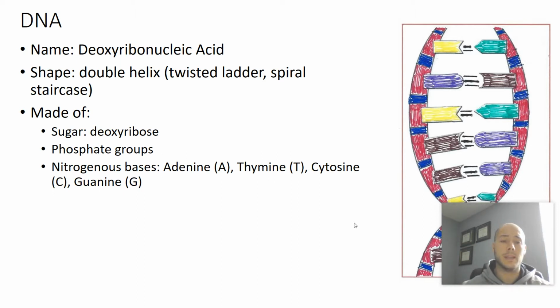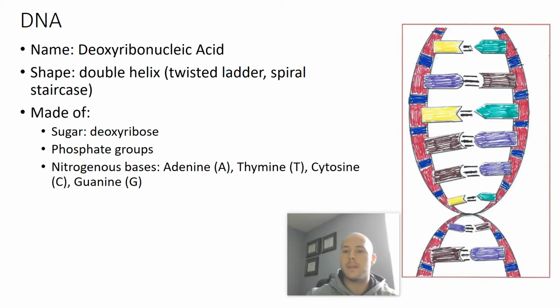What you'll notice in a minute is what's known as Chargaff's rules, which is that every time A pairs with T and C pairs with G. So if we look at our DNA structure over here, we could say this is adenine, and this would be thymine.